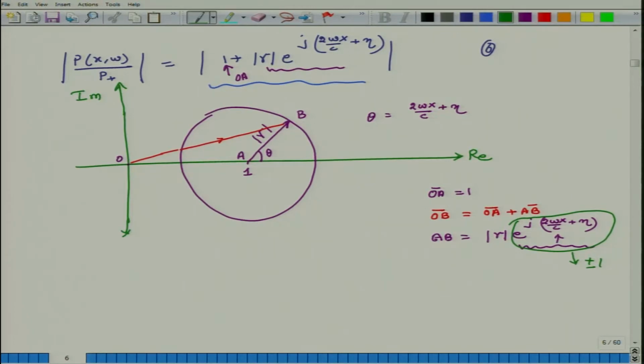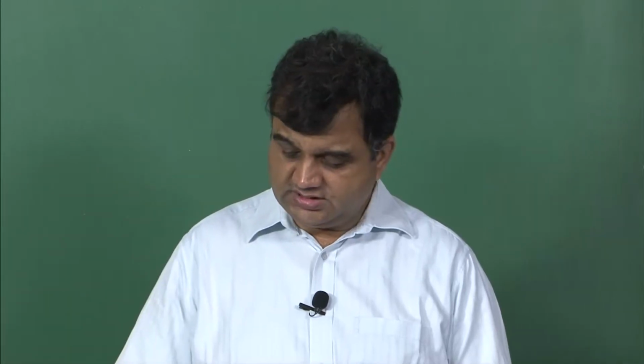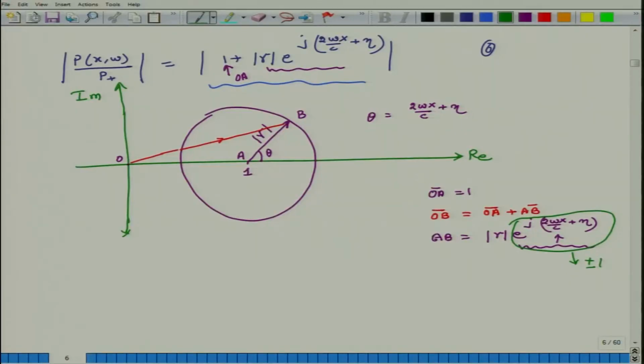When 2 omega x over c plus eta is equal to 0, 2 pi, 4 pi, 6 pi or something like that, the value of the exponential is going to be 1, and when 2 omega x over c plus eta is equal to pi, 3 pi, 5 pi and so on, this value is going to be minus 1.